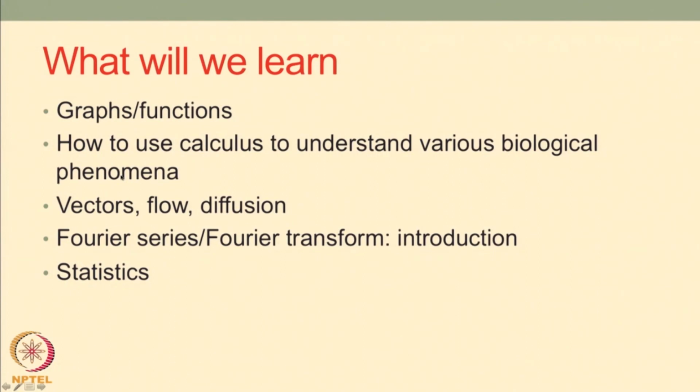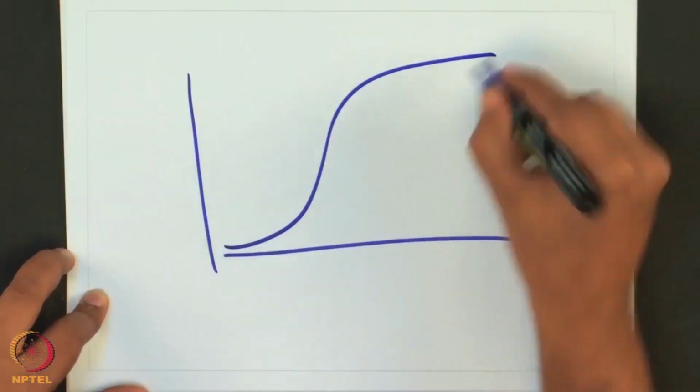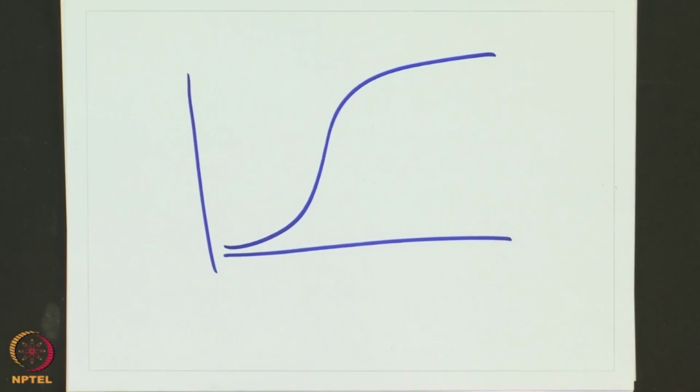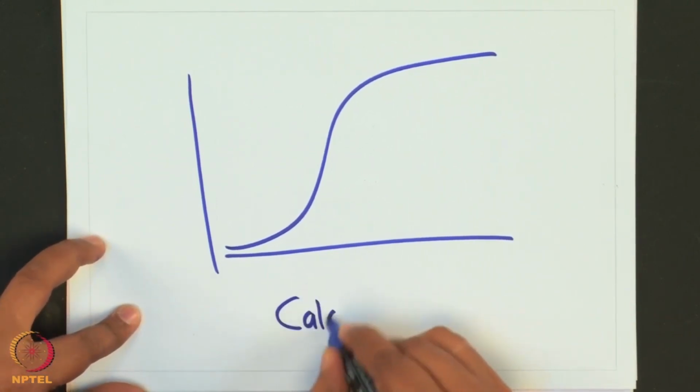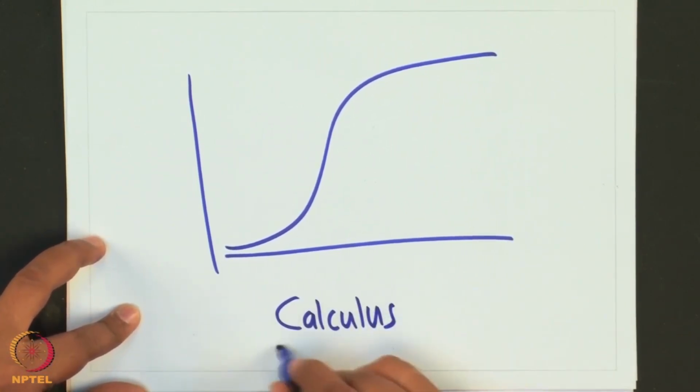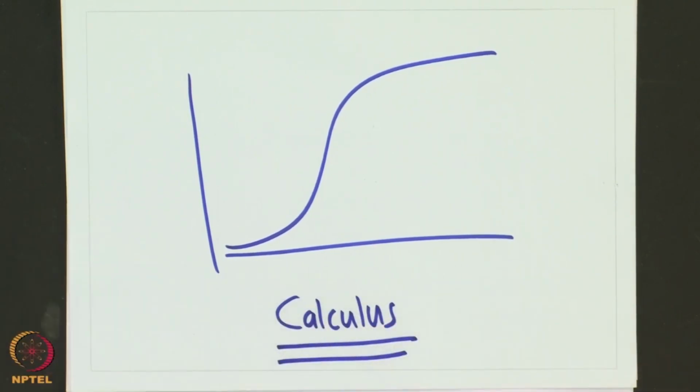Second is, of course, how to use calculus to understand various biological phenomena. So many phenomena like growth, the growth curve, which every biology student would learn, and there are various curves, and the growth curve is a classic example. There are many such curves, and understanding these curves is very much related to this branch of mathematics called calculus. And this is an important thing to understand, and understanding this would change a lot of things.